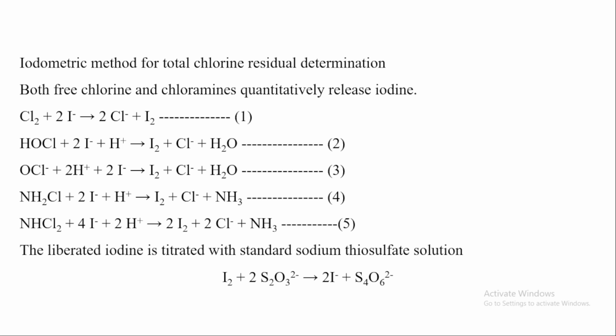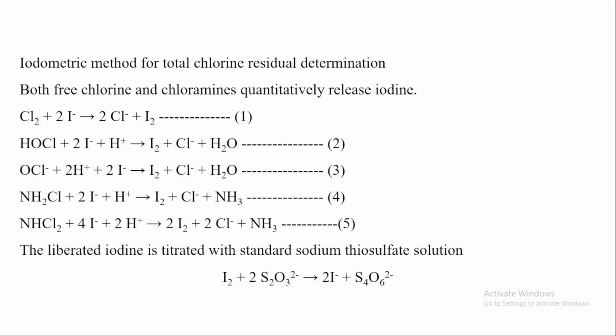So all these chlorine residuals, either the free chlorine residuals or the combined chlorine residuals, can react with iodide and liberate iodine. This liberated iodine is titrated with standard sodium thiosulfate solution.